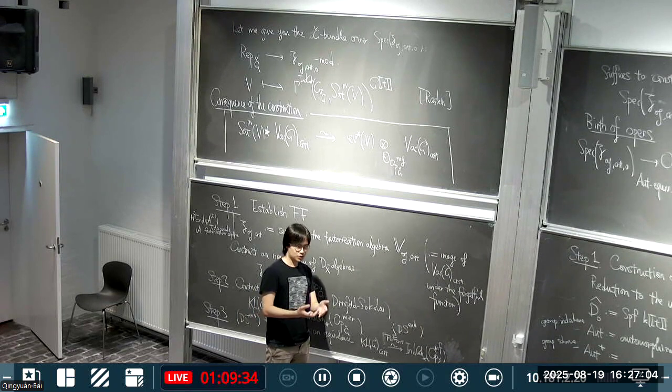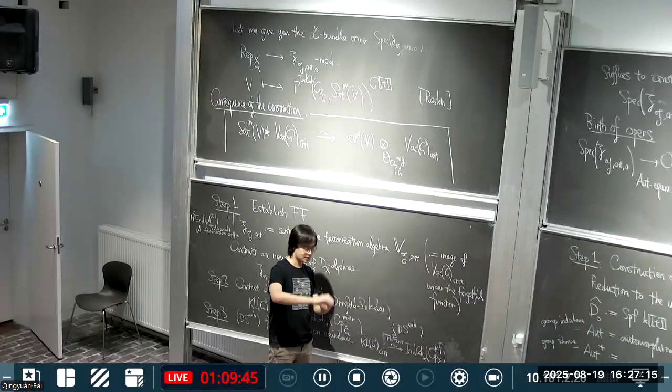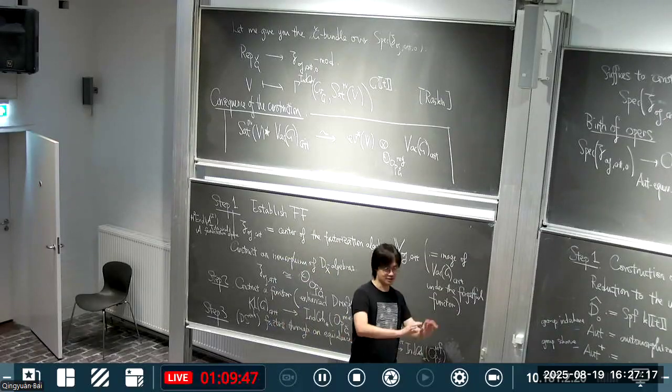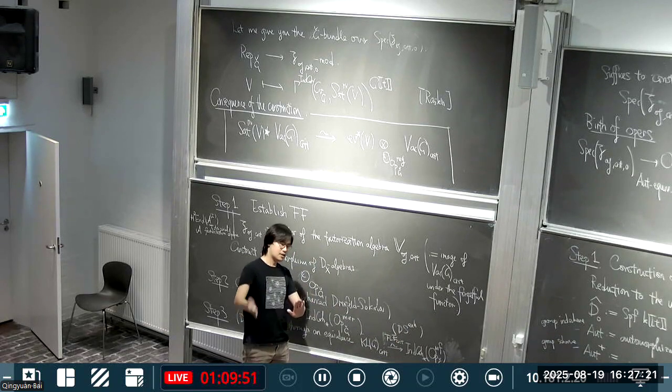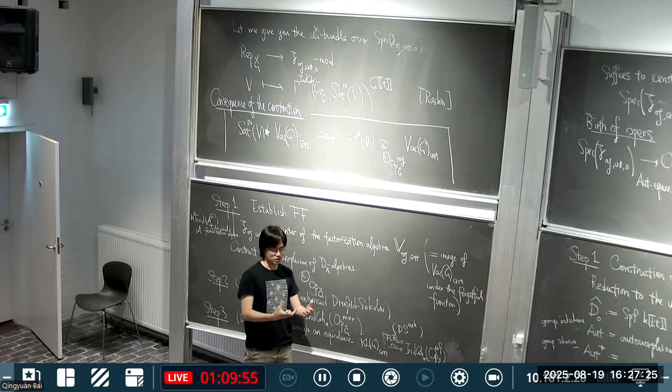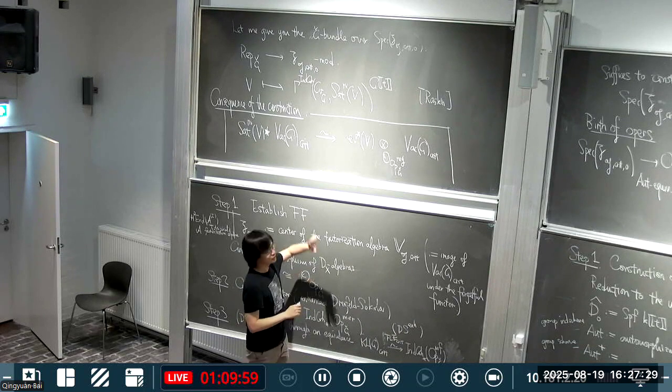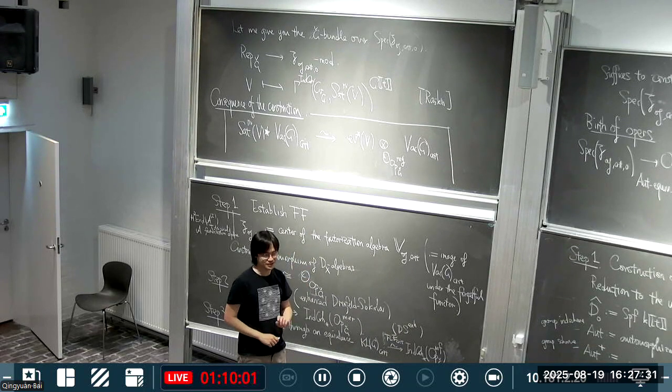If I have a D-module on a homogeneous space H mod K, then if I take its global section, it will have an action of the Lie algebra of H by embedding as vector fields. And now if this object is K-integrable, then the result will have the structure of a K-module. So that's why it's an object of KL.